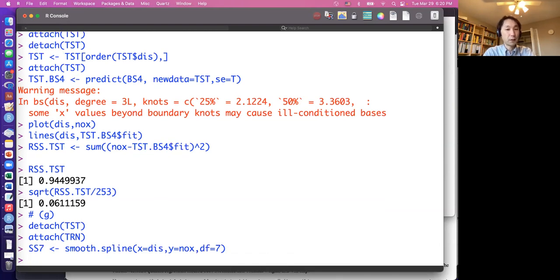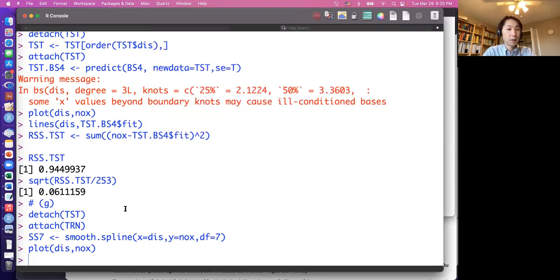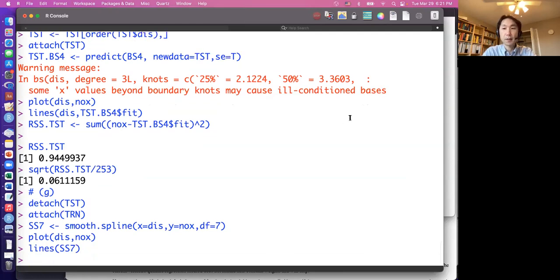Now that we have the smoothing spline, I think the lines function works on this object. So plot distance, NOx, then we can overlay lines SS7. I think this is fine.